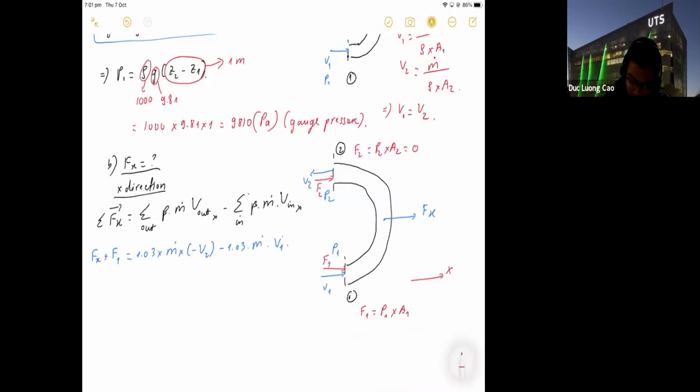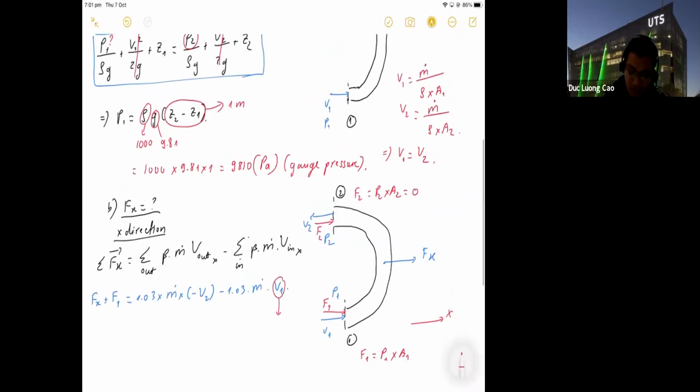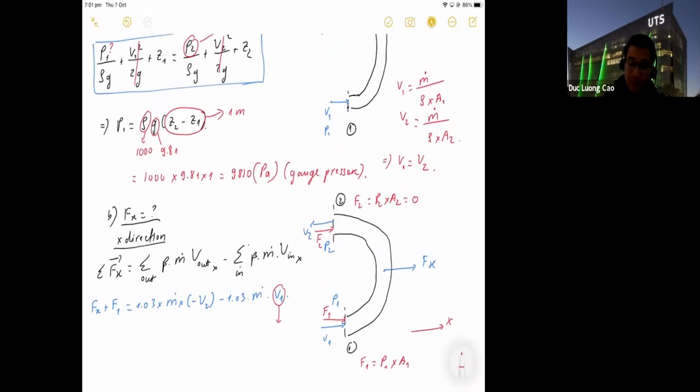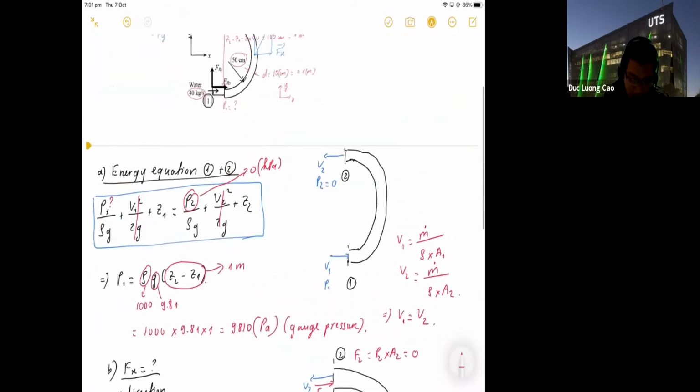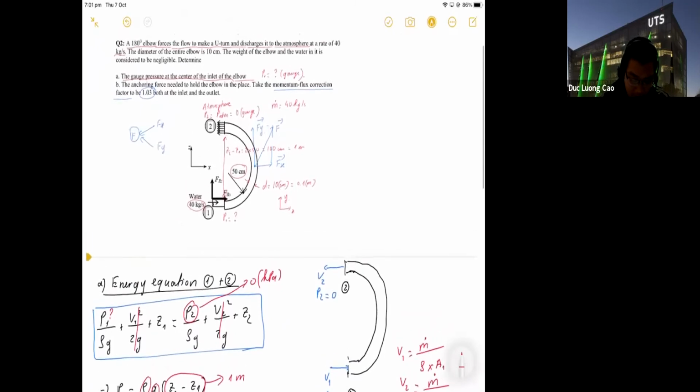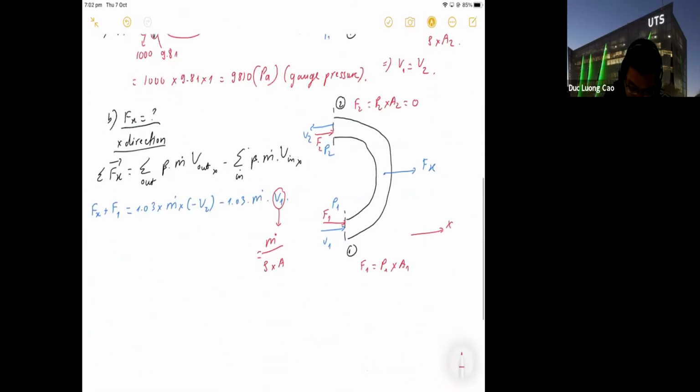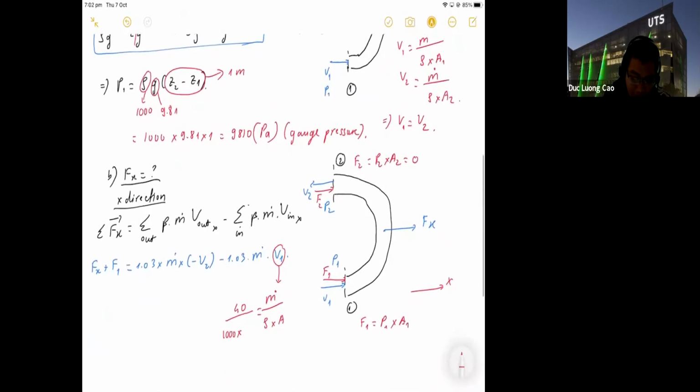With V1 here, mass flow rate divided by density times cross-section area A1. Or this one equal to mass flow rate, you have here 40 kilogram per second. It is 40 divided by density 1000 times area.